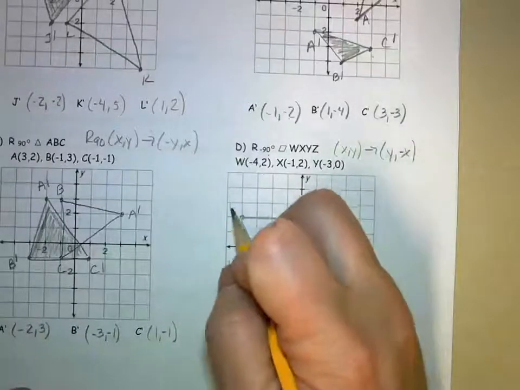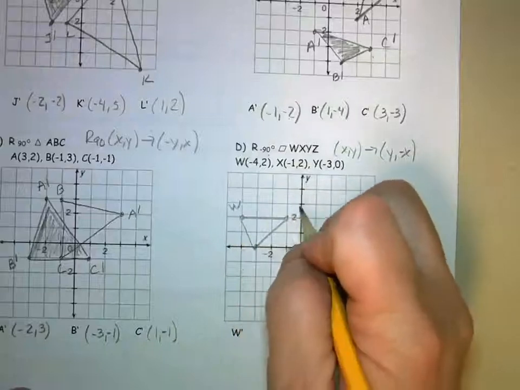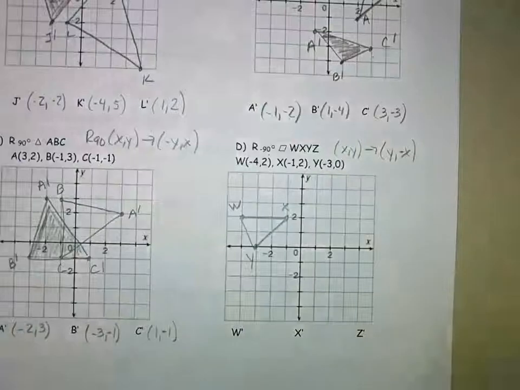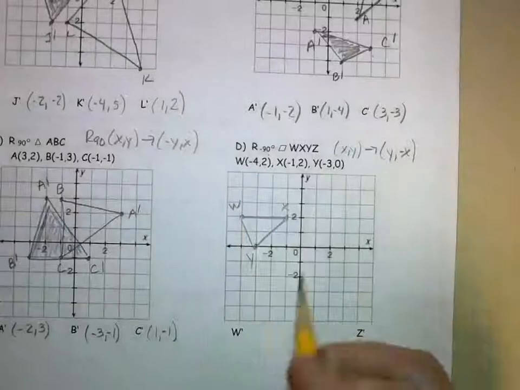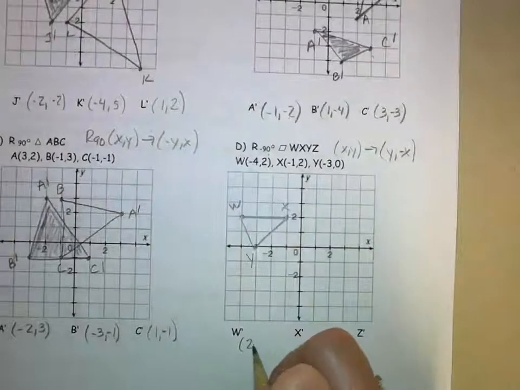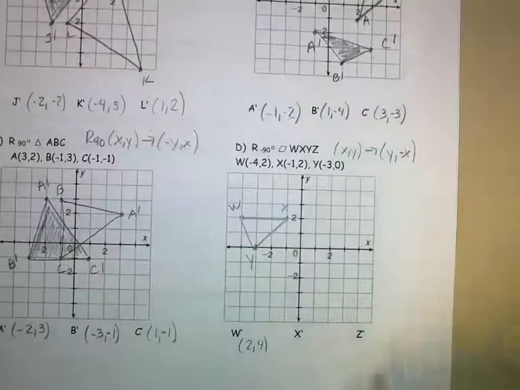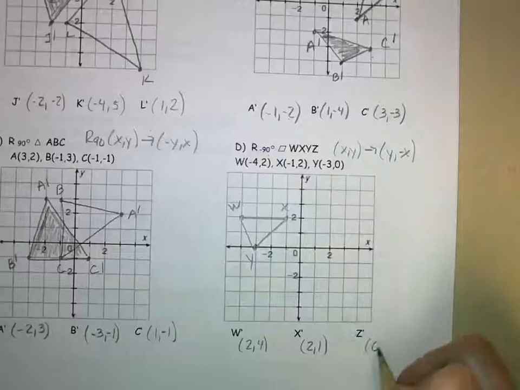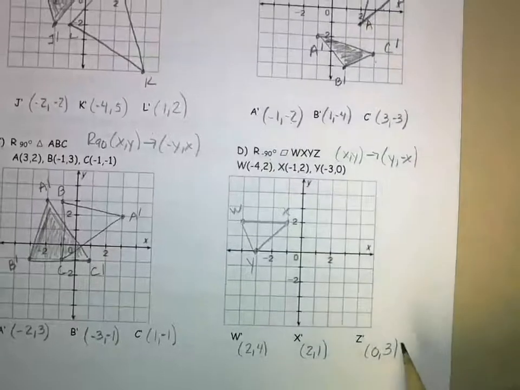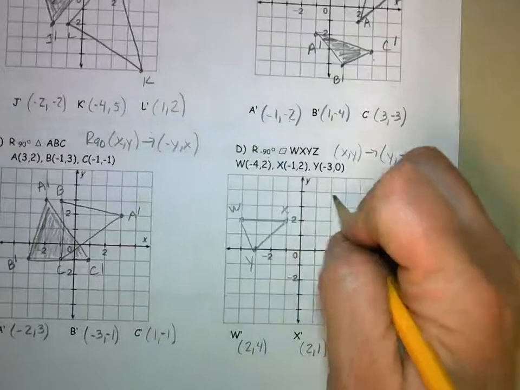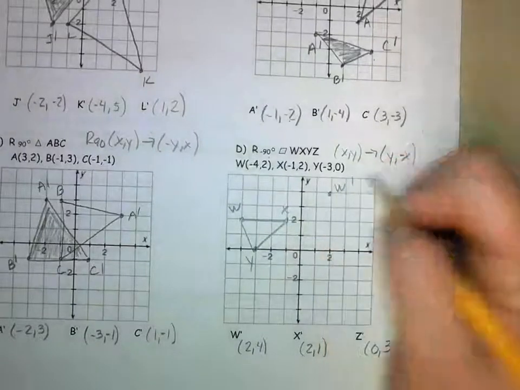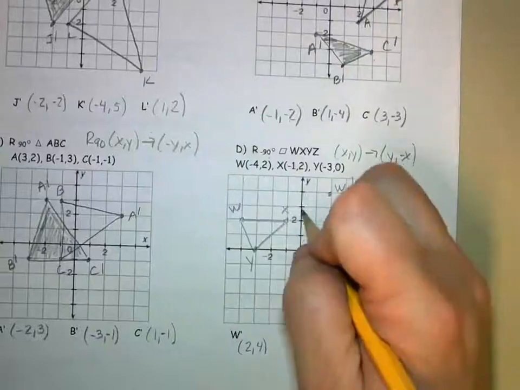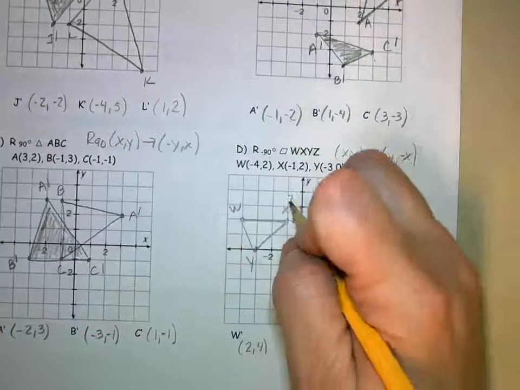And I should probably label those W, X, Y. Our new points, when we switch these around and make the second one the opposite, that will become (2, 4), (2, 1), and (0, 3). So (2, 4) will be W prime, (2, 1) will be X prime, and (0, 3) will be Y prime.